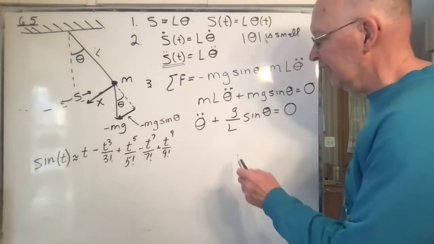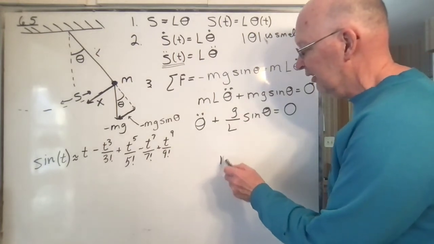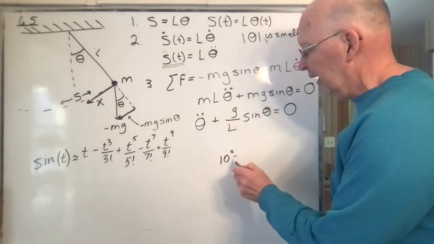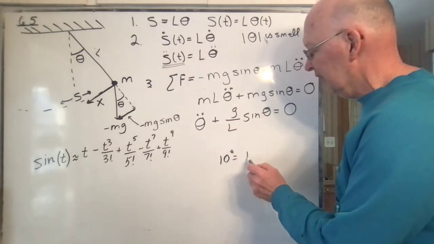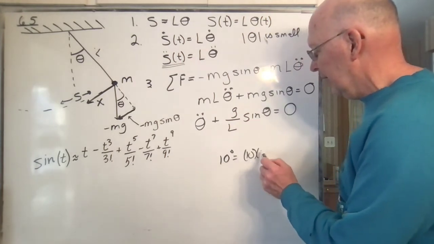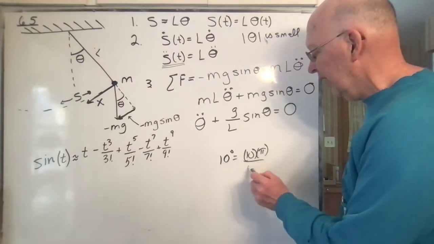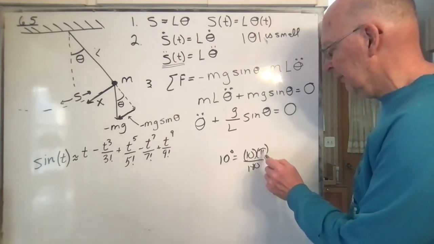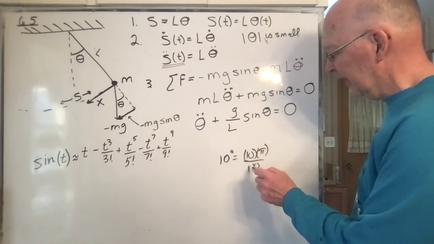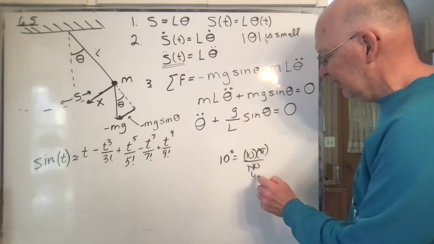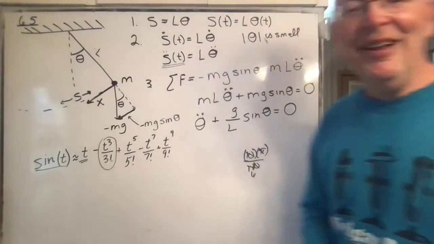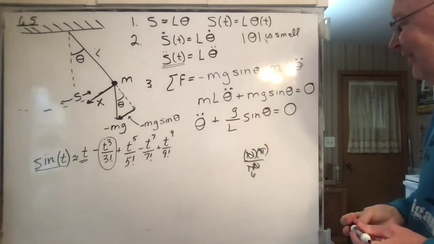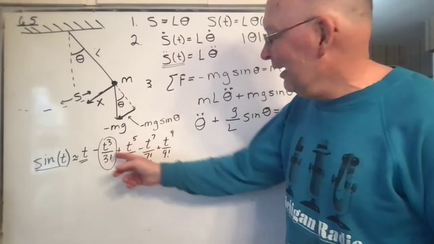If you're at, say, 10 degrees, in radians that would be 10 times pi divided by 180, which is roughly 1 over 6 radians.